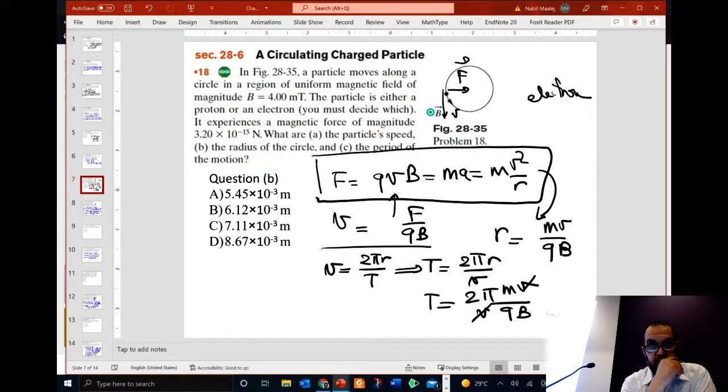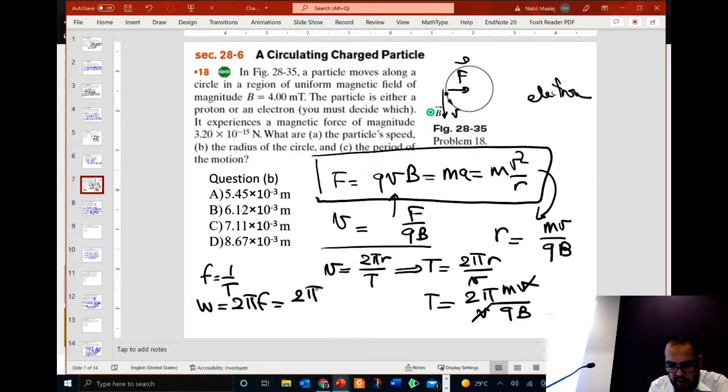Omega is 2πf. The frequency f is the number of turns per second, which is 1 over T. Omega is 2πf, which is 2π over T. Omega is the angular speed or angular frequency: how many radians per second.